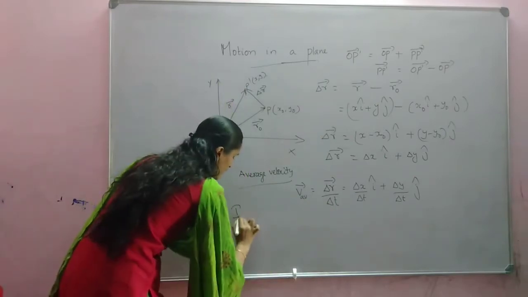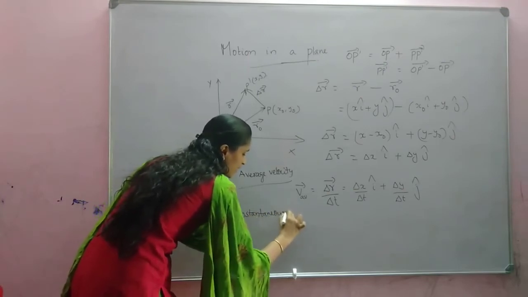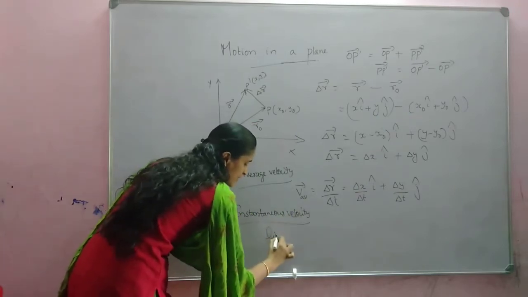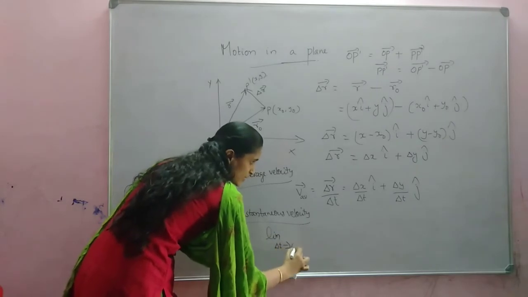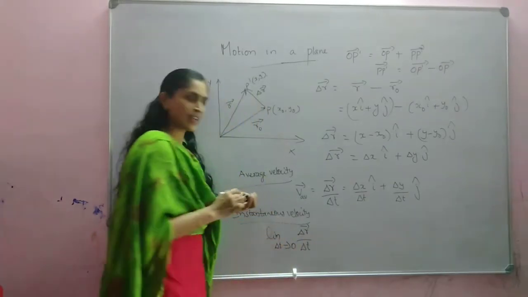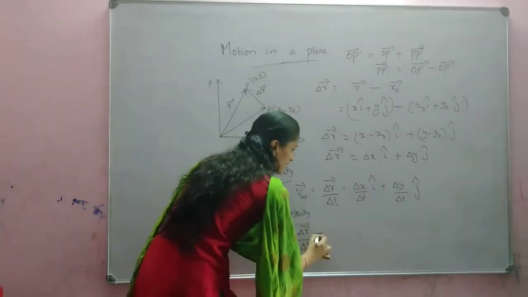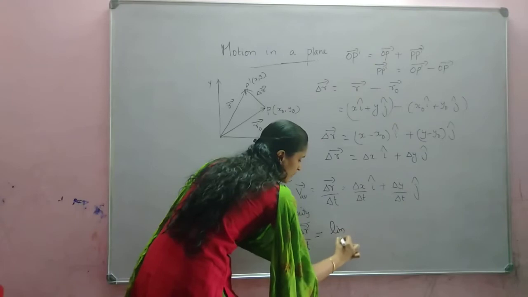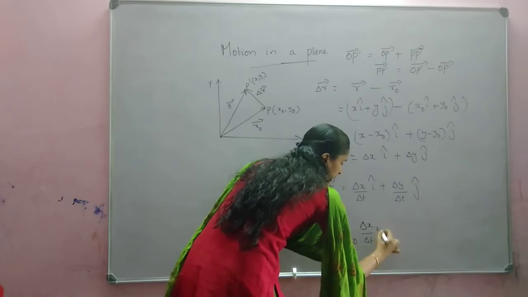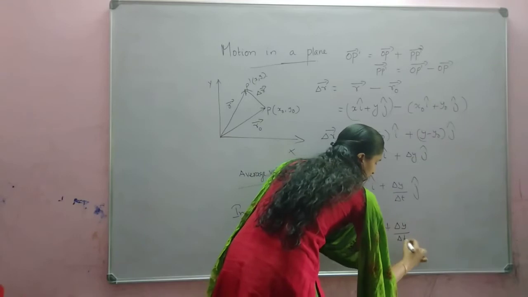So the instantaneous velocity can be written as limit delta t tends to 0 of delta r by delta t, and here also we can write the same way, limit delta t tends to 0, delta x by delta t i cap plus delta y by delta t j cap.